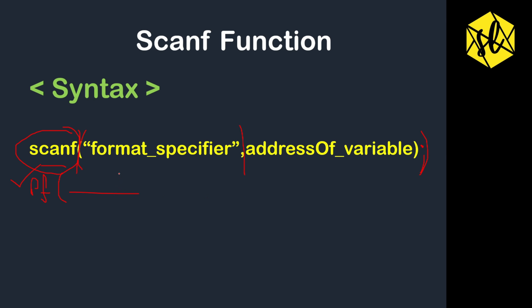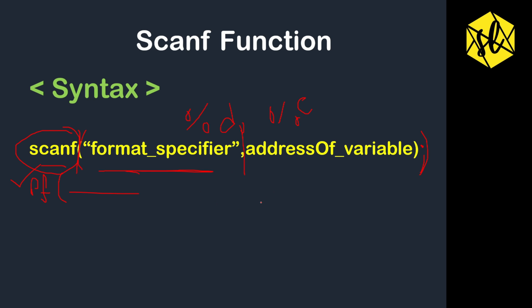Now what is this format specifier? We have already learned and are currently using these format specifiers. You must have learned about something like this: %d, %c, and many more. These are the format specifiers.